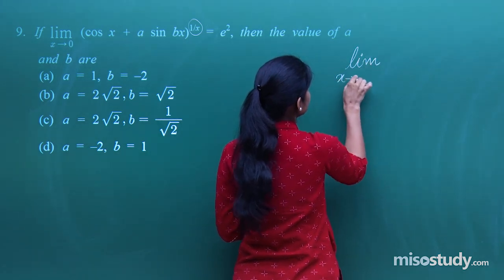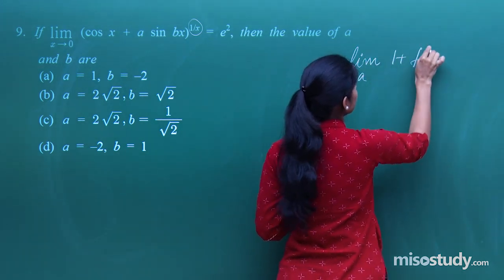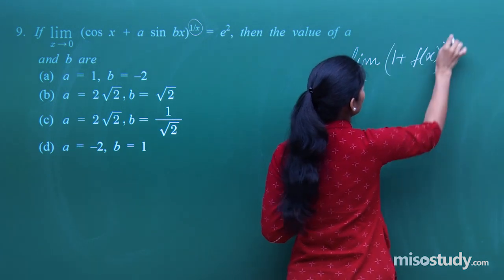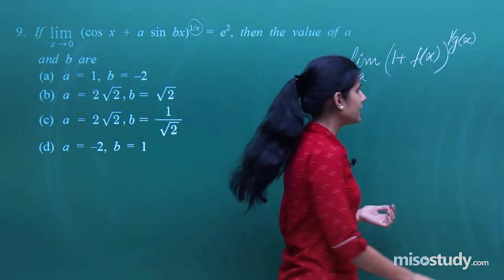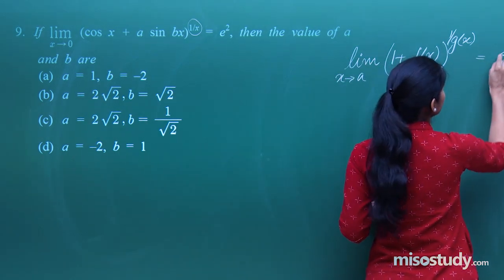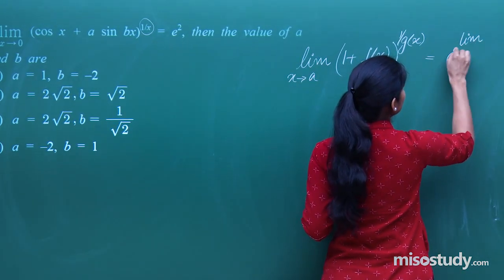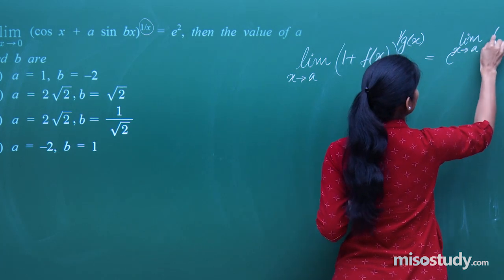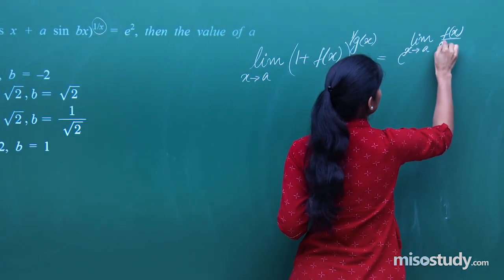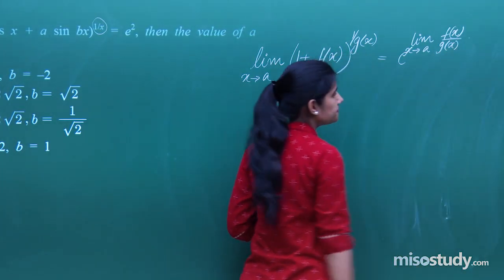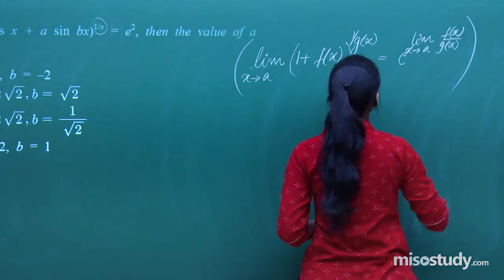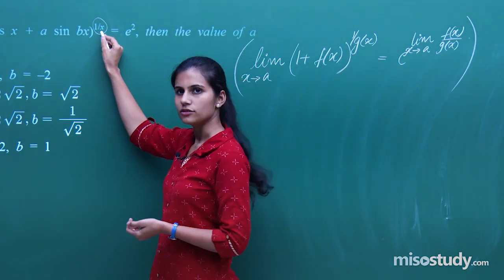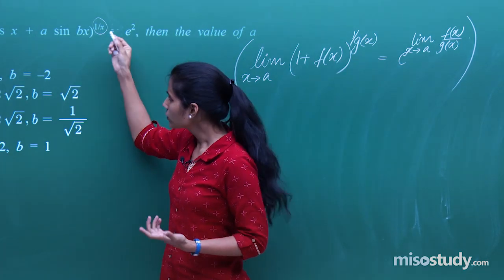It was limit x tends to a, 1 plus fx whole to the power 1 by gx is equal to e to the power limit x tends to a fx by gx. Right. Now over here 1 by gx is fine, gx is x, that means. But what is fx?